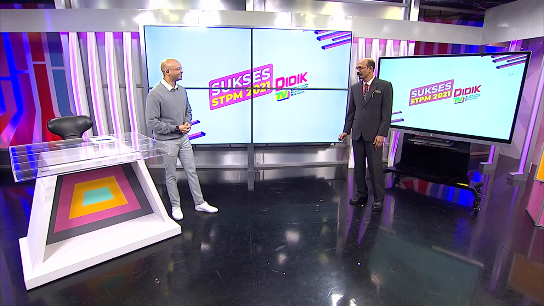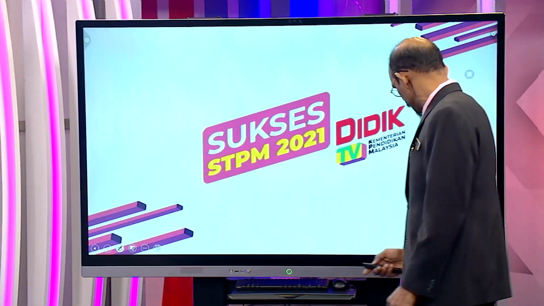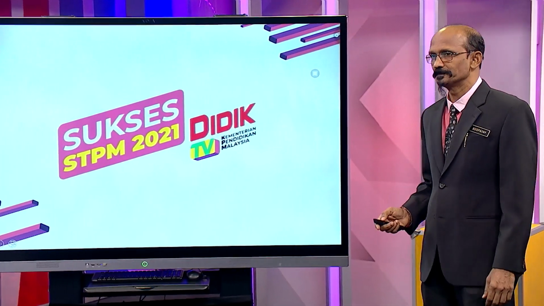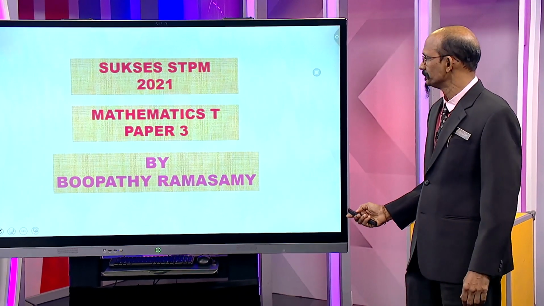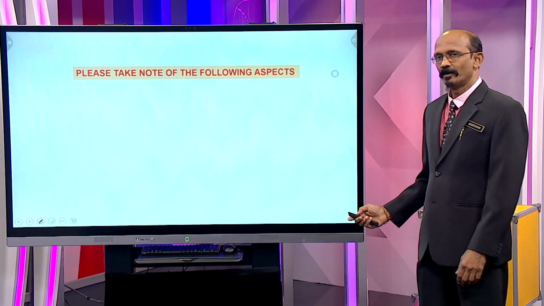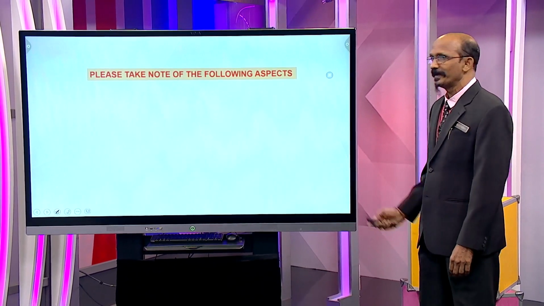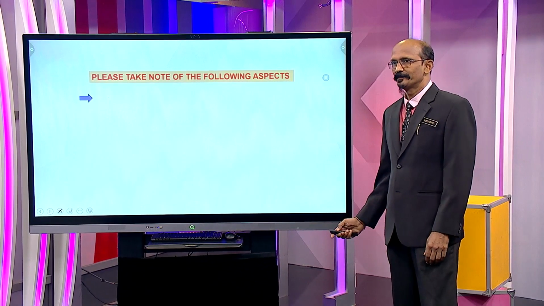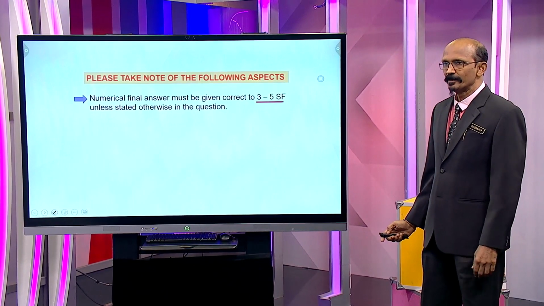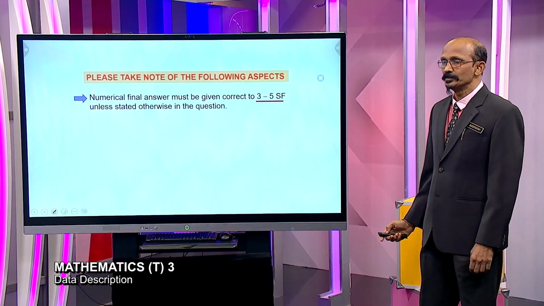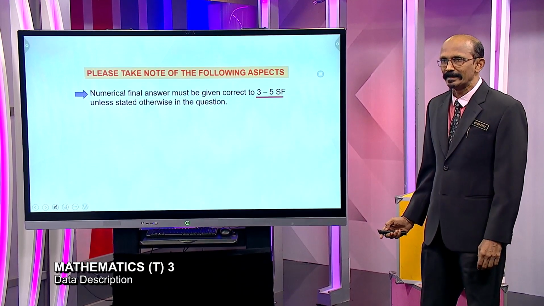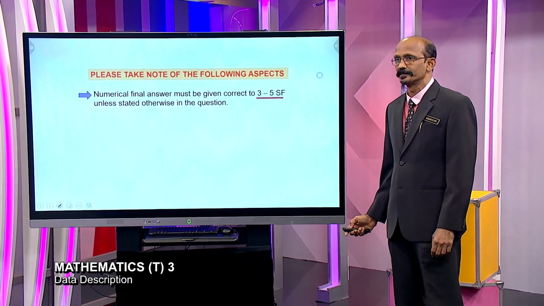Thank you, Sean. Students, before we continue with our first chapter, let us see a few points first. Please take note of the following aspects. Aspect 1: numerical final answers must be given correct to 3 to 5 significant figures unless stated otherwise in the question.